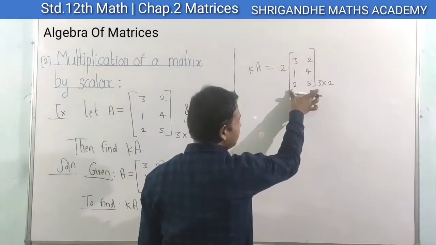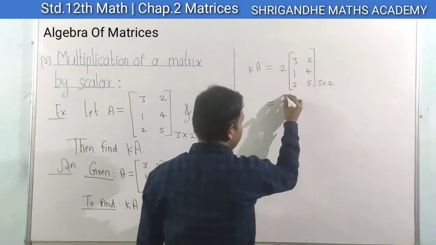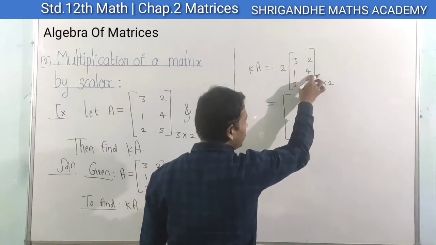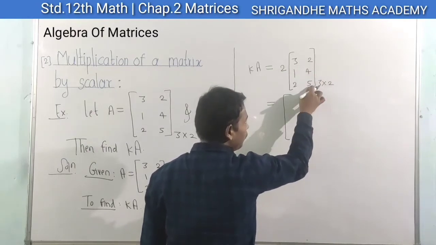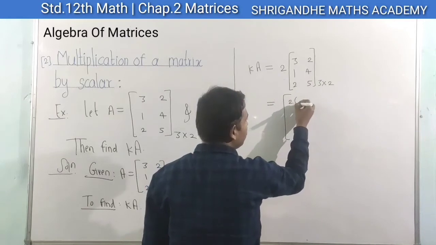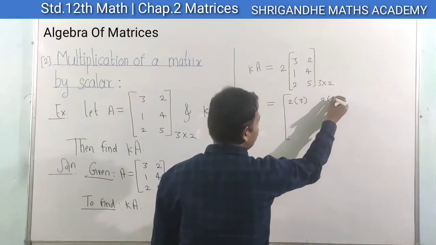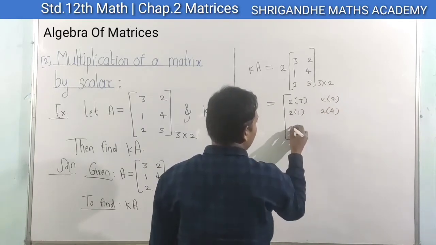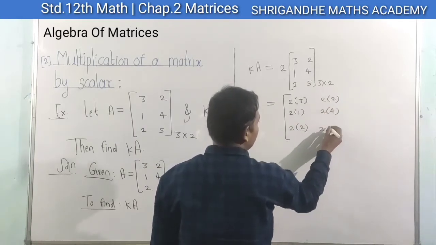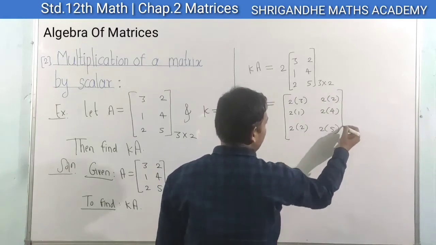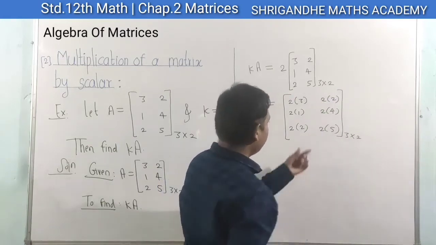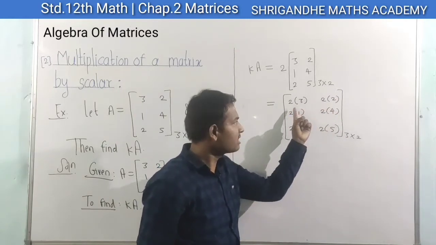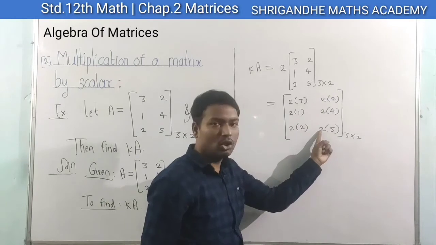Therefore 2 into matrix A is equal to the matrix, now 2 into 3, 2 into 2, 2 into 1, 2 into 4, 2 into 2, 2 into 5 of order 3 by 2. Here multiply each element of matrix A by the scalar 2.